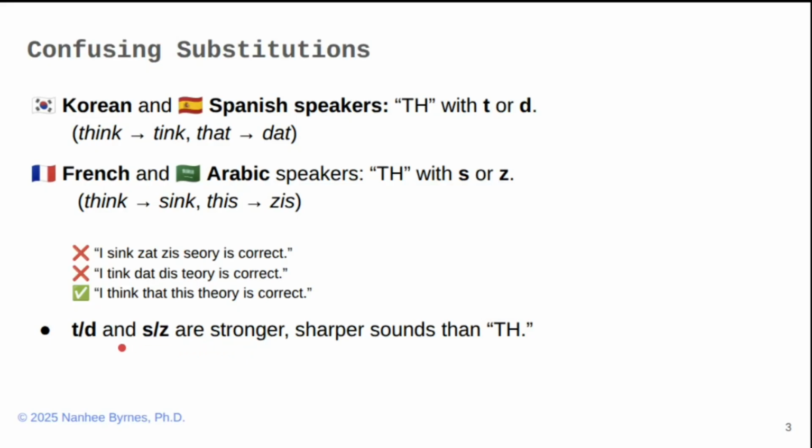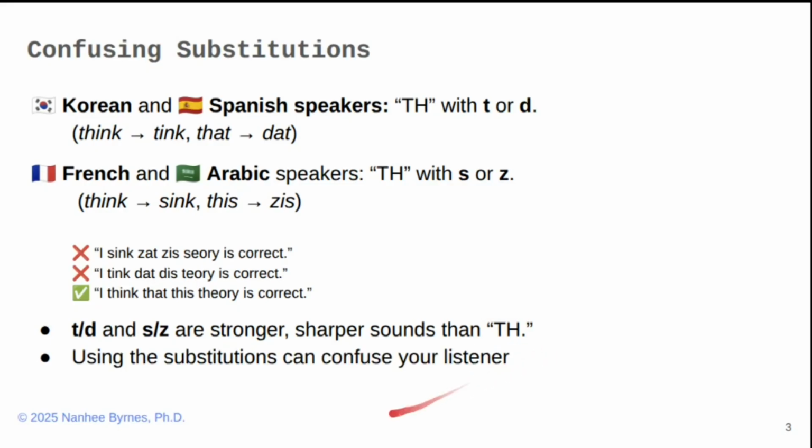The problem is that T, D, S, and Z are much stronger and sharper sounds than TH. And since TH often appears in weak, quick function words, using the wrong sound can easily confuse the listener. They may not be sure what you said, even if your grammar and vocabulary are correct.